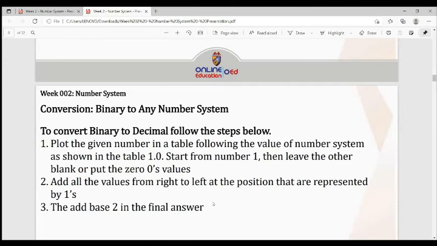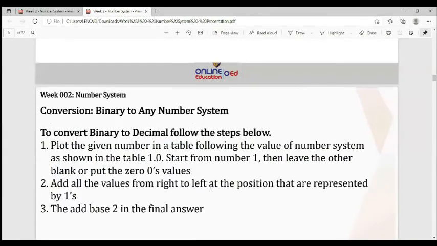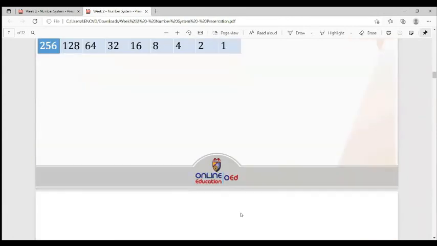So how are we going to convert? To convert binary to decimal, we will follow the steps. The first one is plot the given number in a table following the number of number system. So, i-plot mo daw. Gumawa ka ng ganitong table. Tapos, i-plot mo yung may 0, yung may 1.